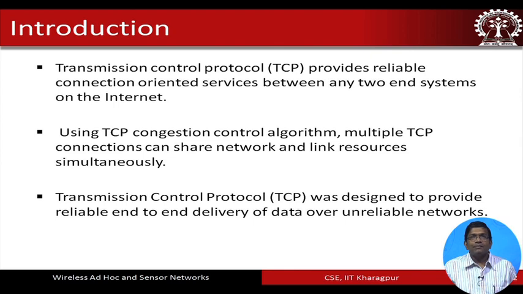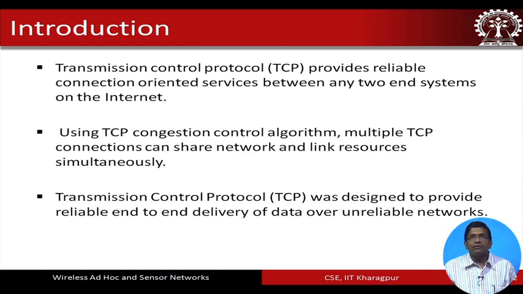Using the TCP congestion control algorithm, multiple TCP connections can share network and link resources simultaneously. TCP was designed to provide reliable end-to-end delivery of data over unreliable networks, and that is why TCP was proposed.